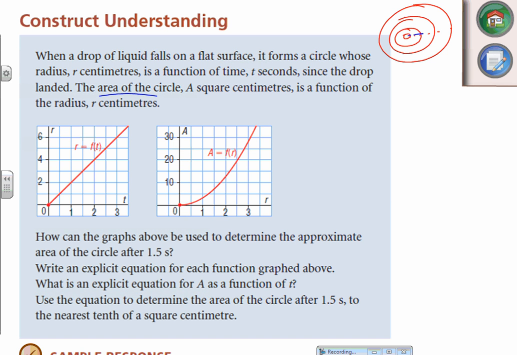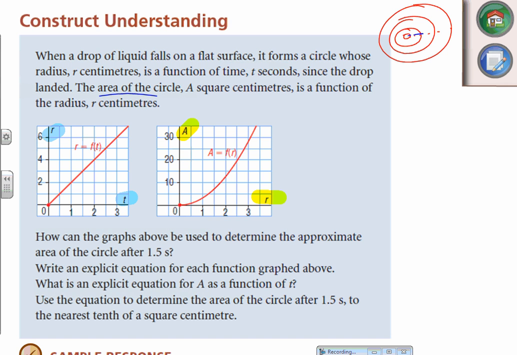So let's look at the first graph. How can the graphs be used to determine the approximate area after 1.5 seconds? Well, area is in the second equation, but it has nothing to do with time. It only has to do with the radius. The area is in relationship to the radius, but the radius is a relationship to the time.